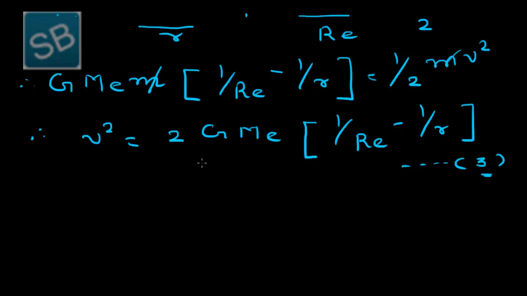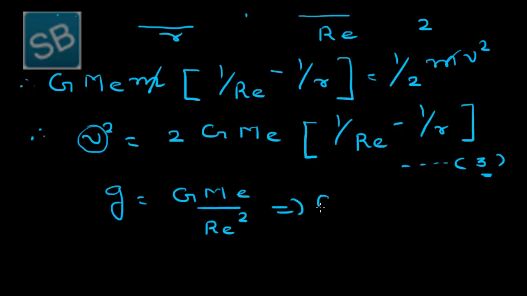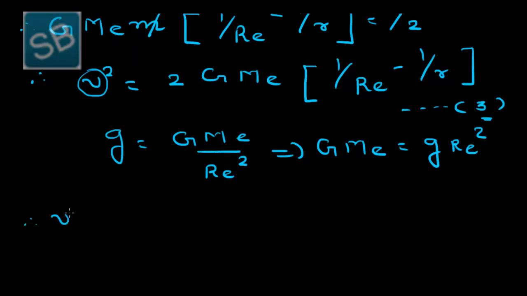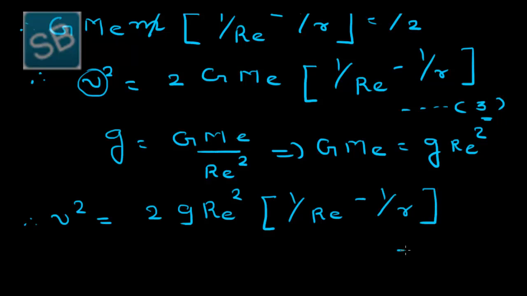And now, to obtain the answer in terms of g, means we have to find the gravitational acceleration and relate it to the velocity v. Then we consider g is equal to G Me over Re square. And from this equation, G Me is equal to g Re square. And therefore, equation 3 has been now modified to twice g Re square inside the bracket 1 over Re minus 1 over r.